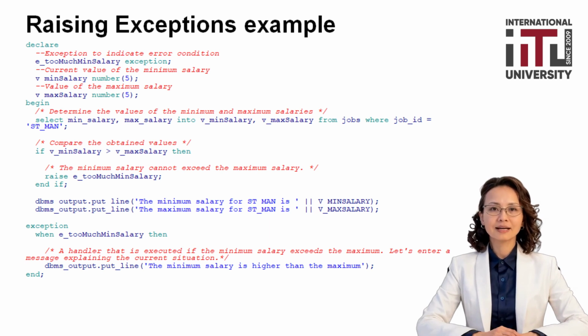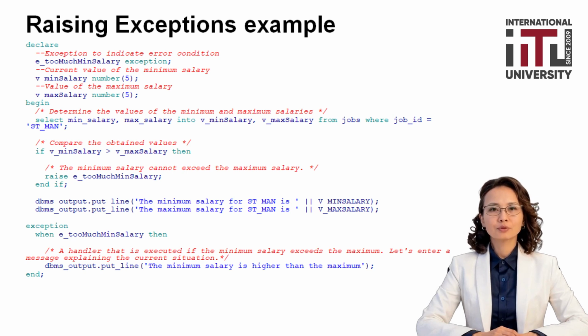In this PL/SQL block, we first define a user-defined exception called e_too_much_min_salary. Next, we select the minimum and maximum salaries for the job ST_MAN into the variables v_min_salary and v_max_salary. We then compare these values. If the minimum salary is greater than the maximum salary, we raise the e_too_much_min_salary exception.